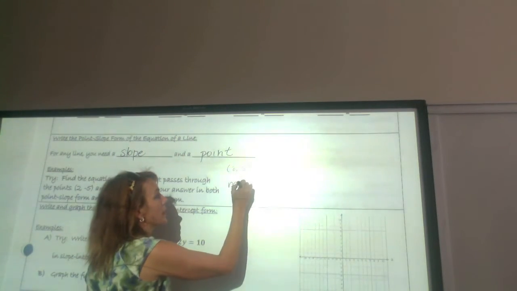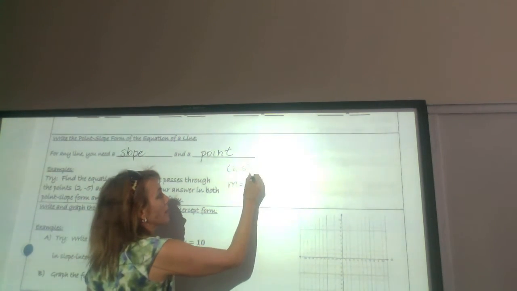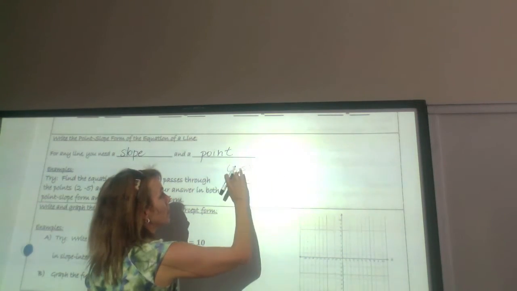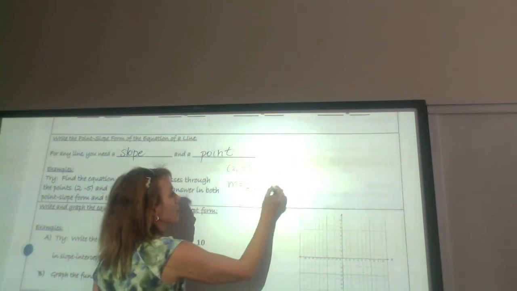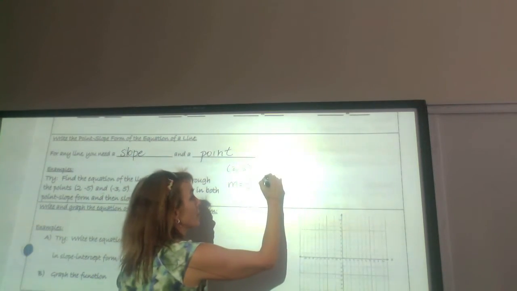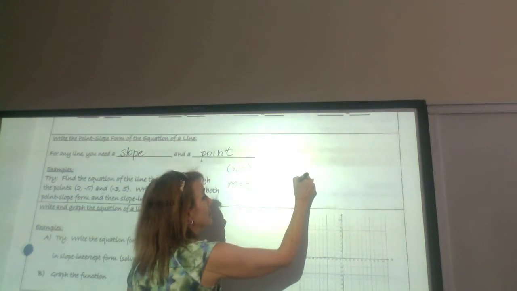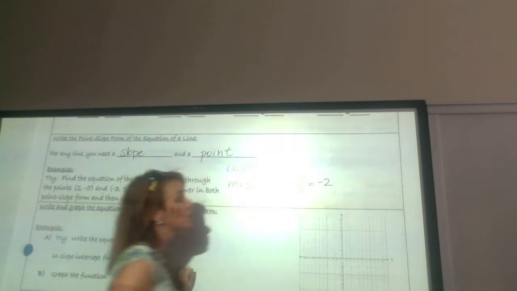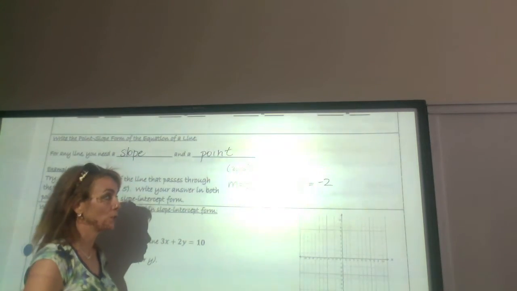Slope is going to be y2 minus y1, 5 minus -5, over -3 minus 2. Okay, so 5 minus -5, that's the same as 5 plus 5, right? And we have 10 over -5, also known as -2. So I know my slope is -2.